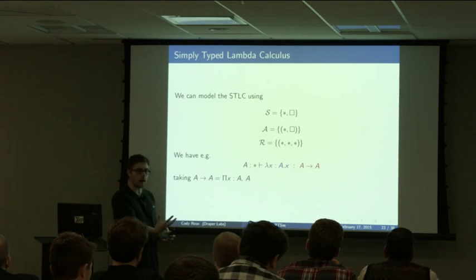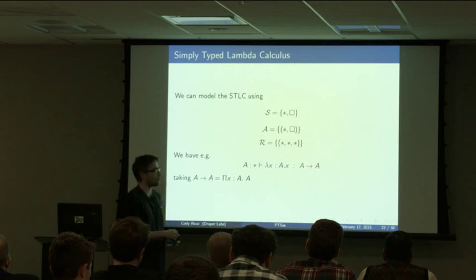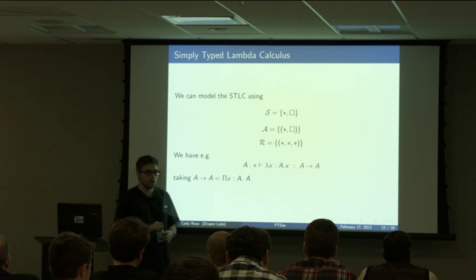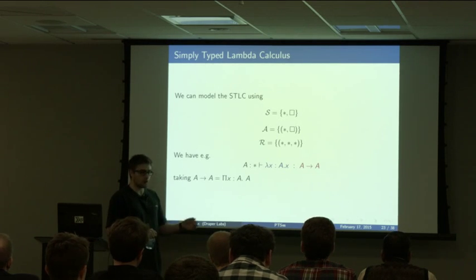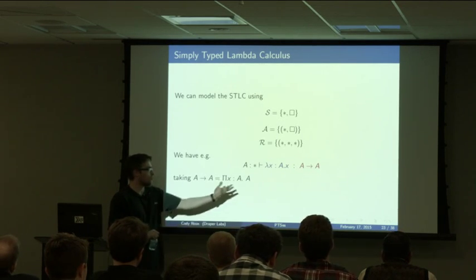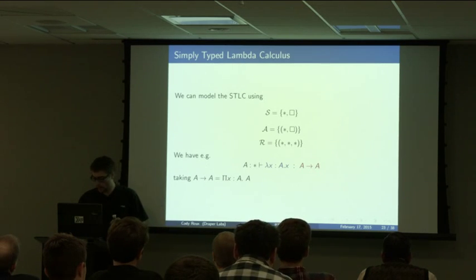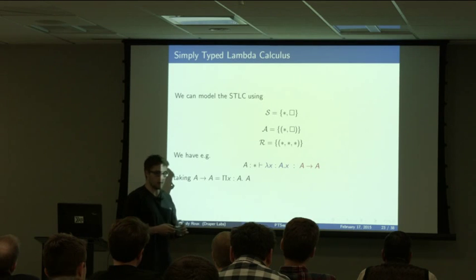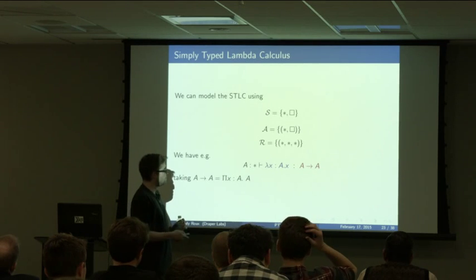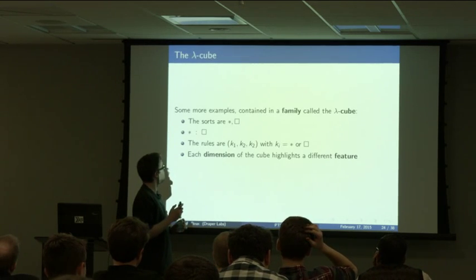So I just have this pi, but it just behaves like an ordinary function space. The moral of the story is that we've recovered the normal arrow from this funky pi construct and these rules.